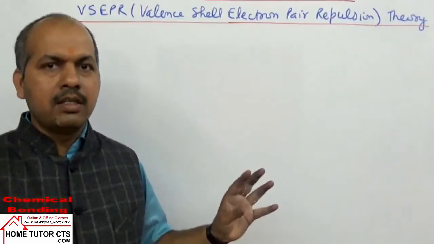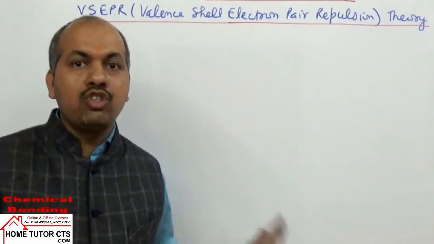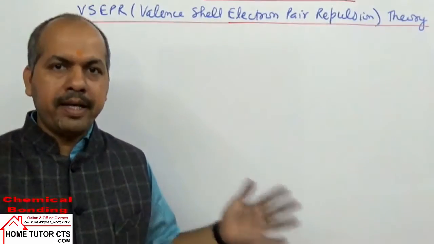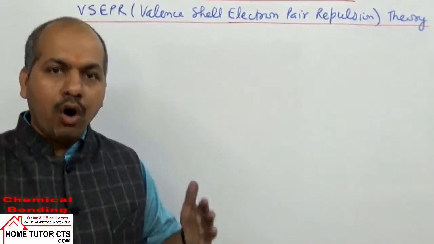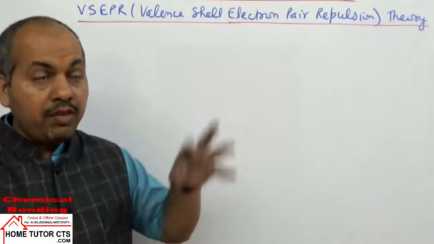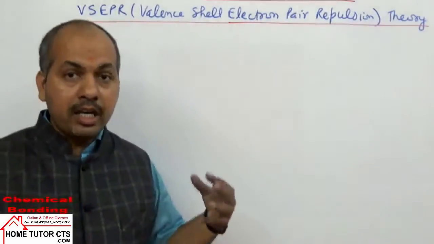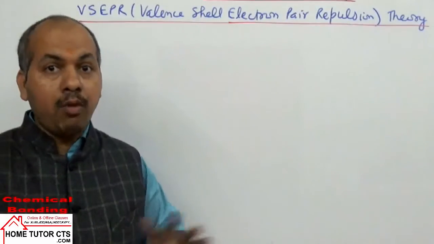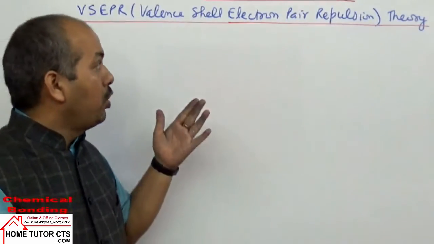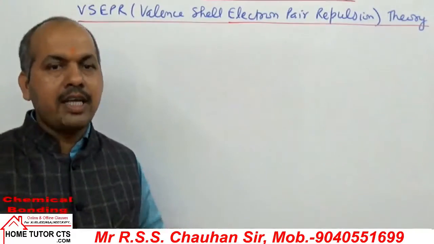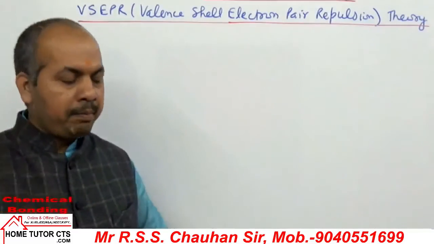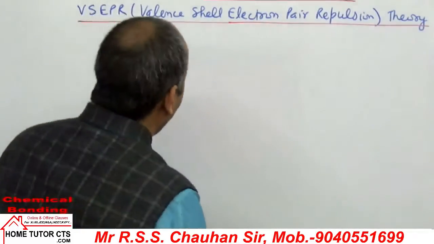In any case, electrons have negative charge, so they repel each other, maybe as bond pair or as lone pair. So we will focus here on the repulsion of the electrons, bonding or non-bonding, as lone pair and bond pair on the central atom.